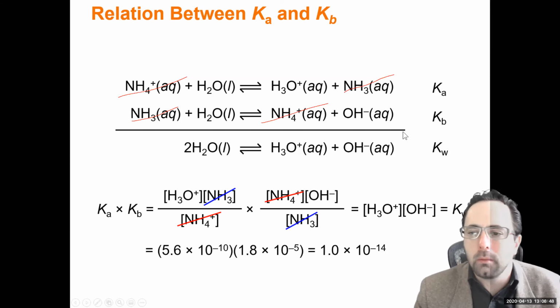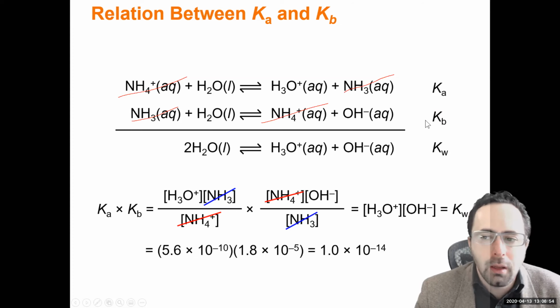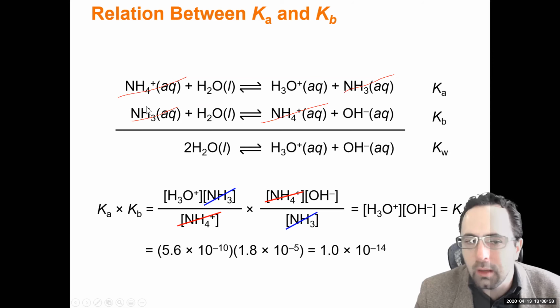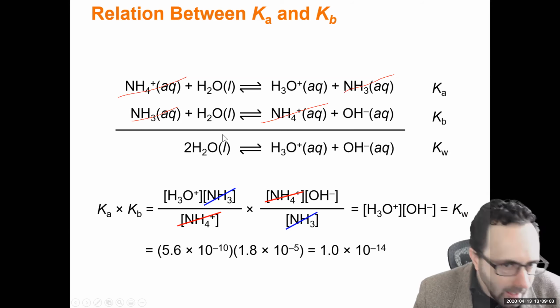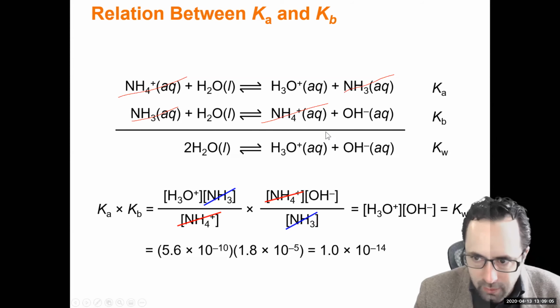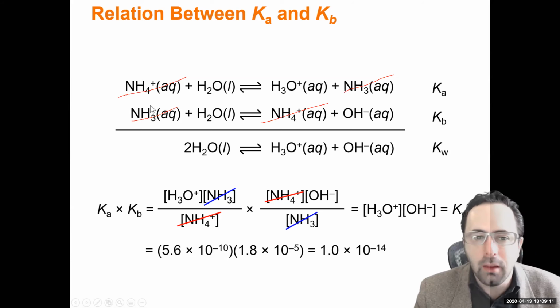The Kbs for bases are generally given, but the Ka for their conjugate acids, such as ammonium, is not given. So Kbs are only given for neutral bases, and Kas are only given for neutral acids in the chart. The Ka for ammonium ion is not neutral, so its Ka is not given. You have to figure it out from the Kb.